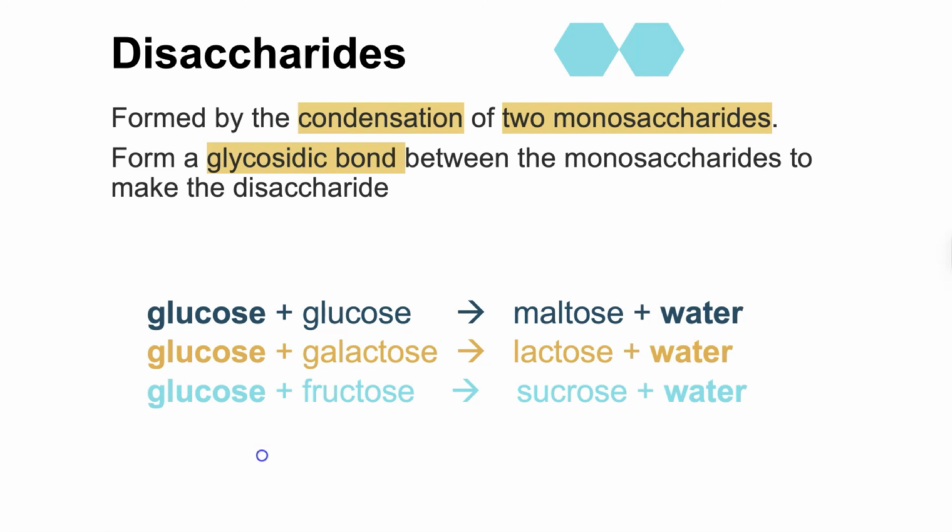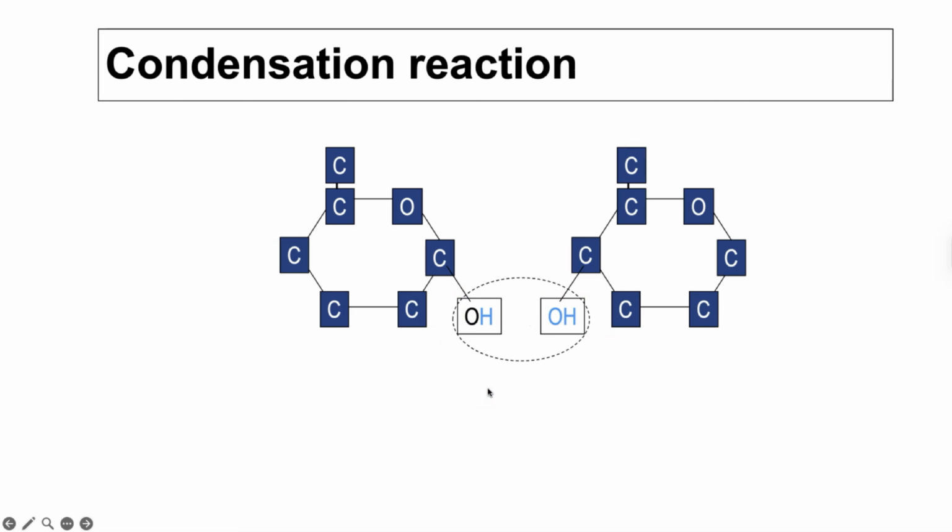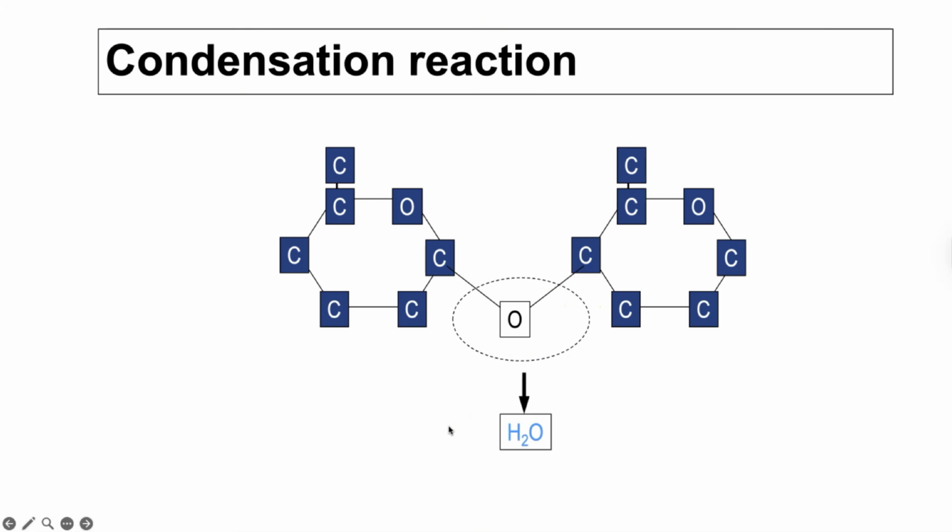So just to show you these condensation reactions, we can see here we've got 2 monosaccharides. We've shown some of the atoms within them, but the ones of interest are on carbon 1 and carbon 4, the hydroxyl group at the bottom here. And this is where the water is going to be removed from. So I've highlighted in blue the 2 hydrogens and the oxygen to make up the H2O that gets removed.